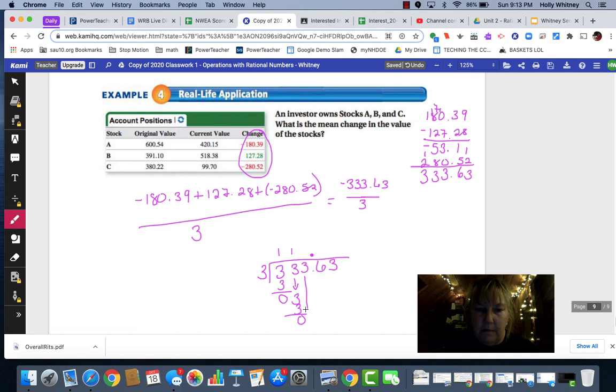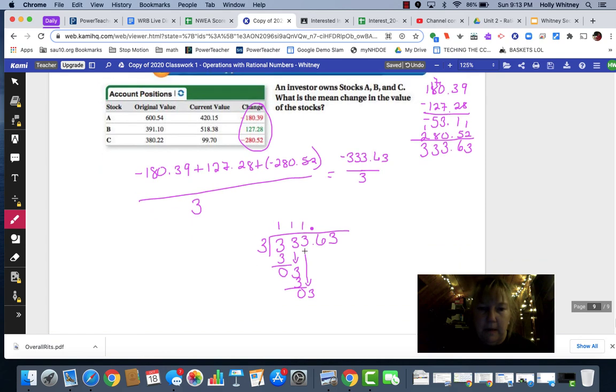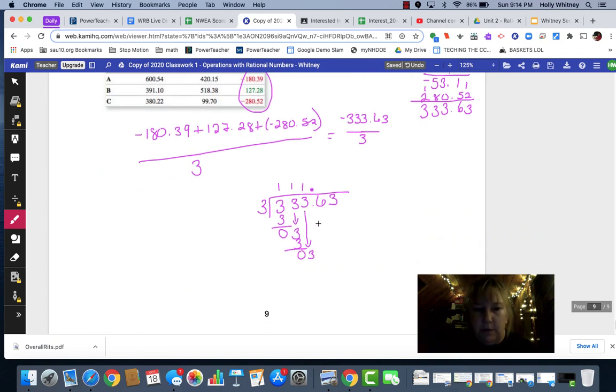Carry down the 3. 3 into 3 is 1 again. 1 times 3 is 3. That's 0. Carry down the 6. 3 into 6 is 2. 2 times 3 is 6. Carry down this final 3. And 3 into 3 is 1. So my mean change is negative $111.21.